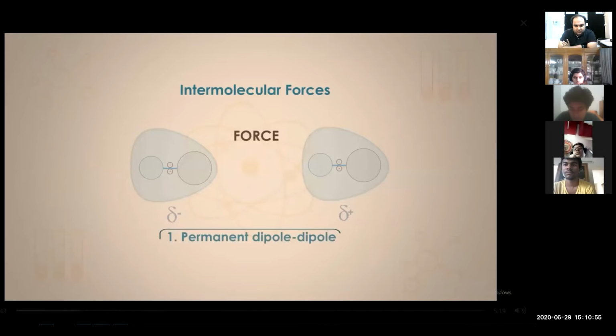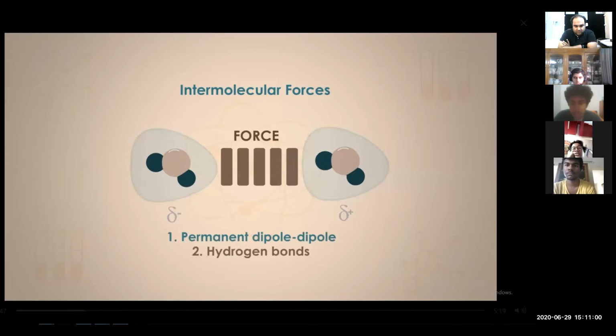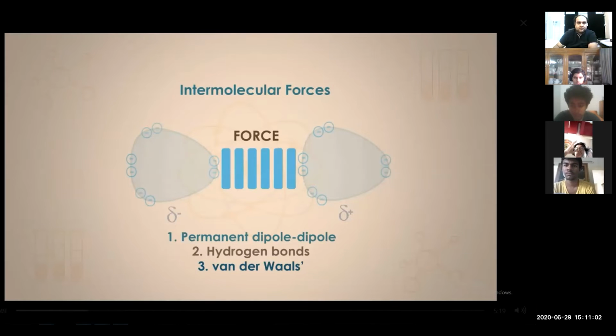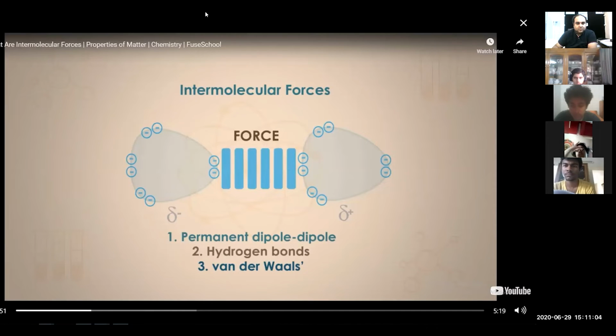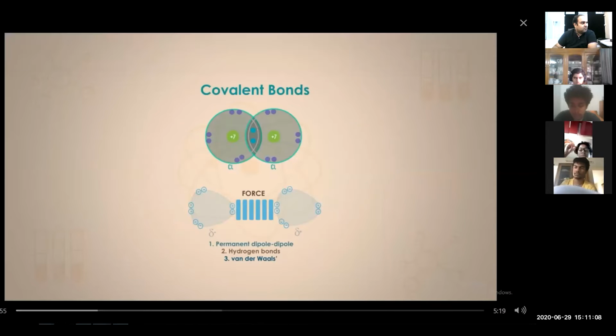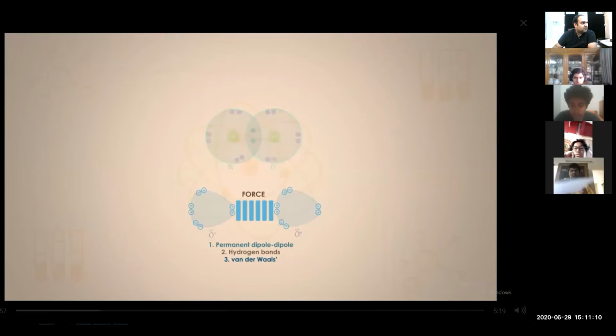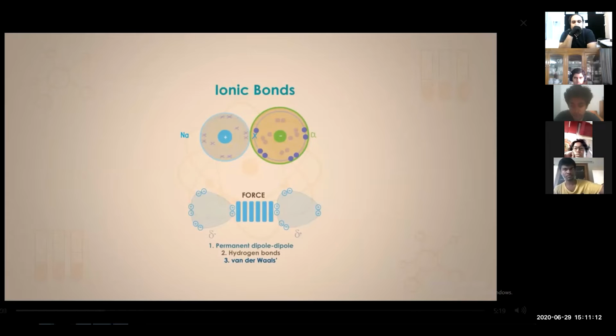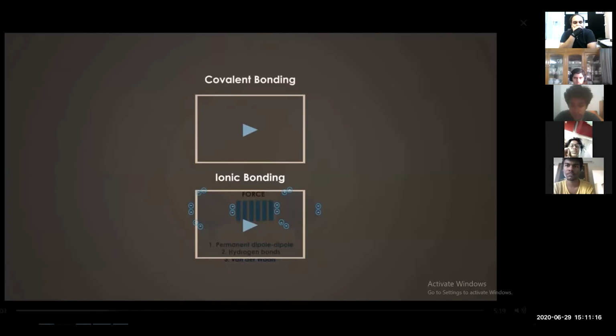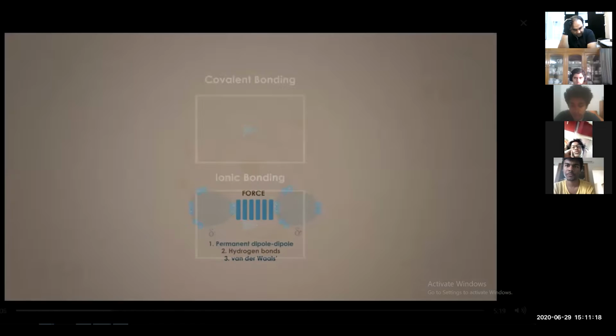Permanent dipole-dipole forces, 2. Hydrogen bonds, and 3. Van der Waals forces. All of these 3 forces are very much weaker than ionic or covalent bonds, which bind atoms and ions together in elements and compounds. We have a video each on ionic and covalent bonds if you haven't learned about them yet.